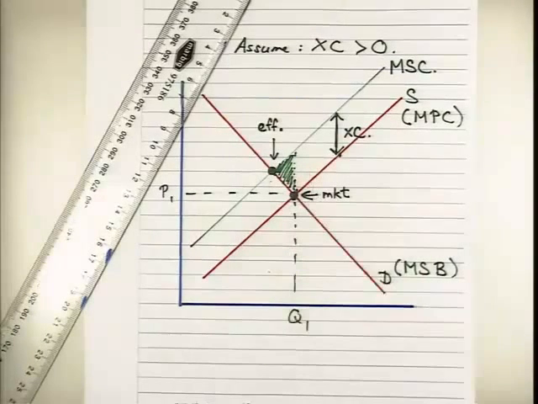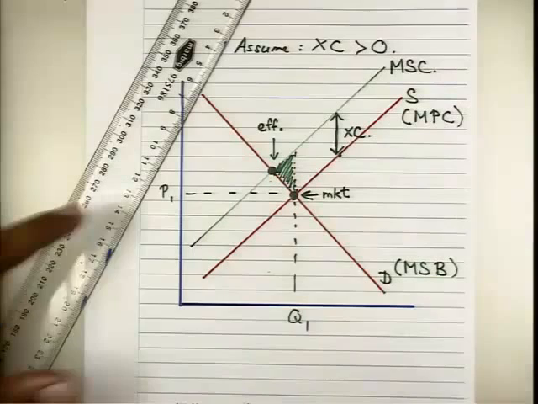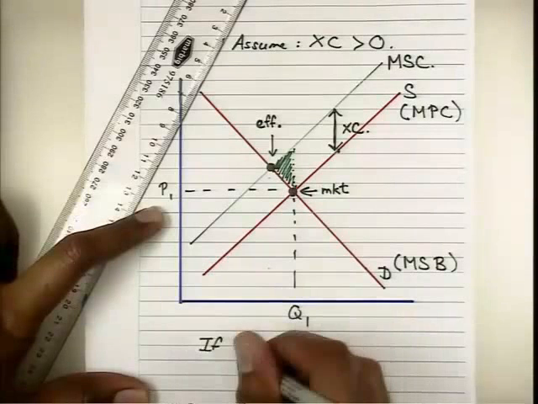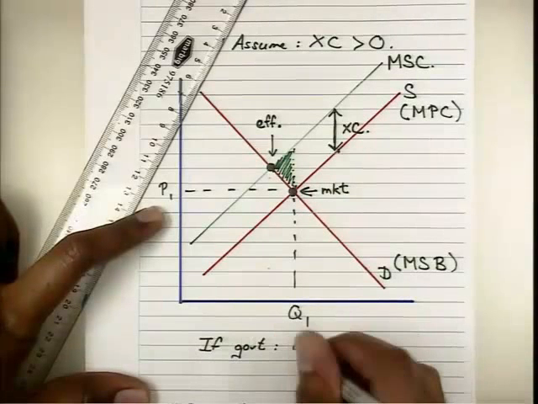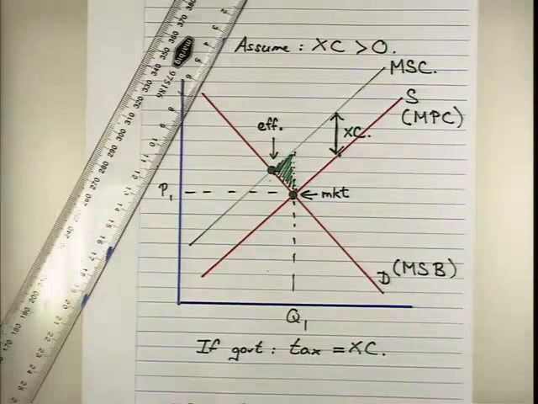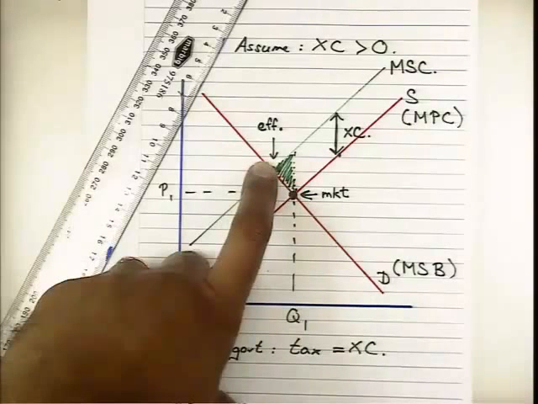Here's an example where the government can step in and help eliminate the deadweight loss by imposing what we call a Pigovian tax. If the government imposed a tax equal to the value of the external cost, it would internalize the cost for the firm and it would force the equilibrium to be efficient.